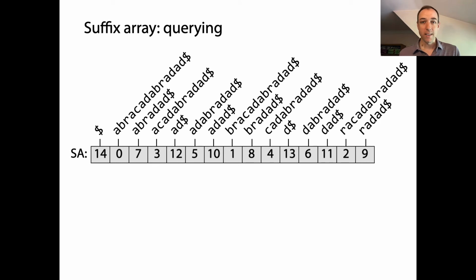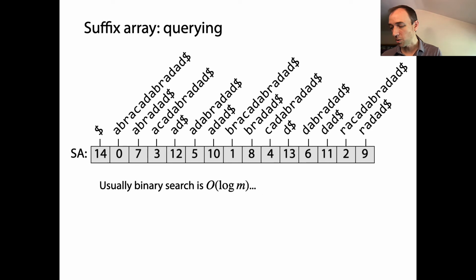How much work is it? It would be nice if this was very quick. So let's think about how much work we're doing. When you learn about binary search, you're usually learning about it in a context other than strings, like a sorted list of numbers, for example. And you learned that binary search requires big O of log of m iterations or bisections, if m is the length of this sorted vector.